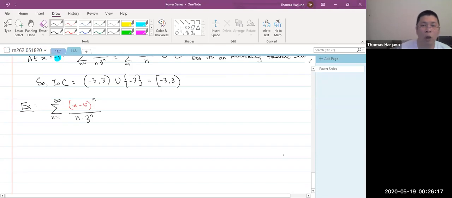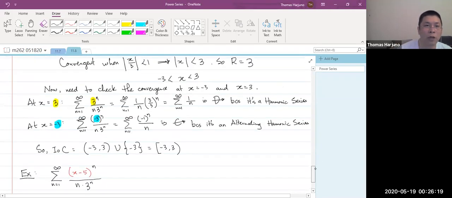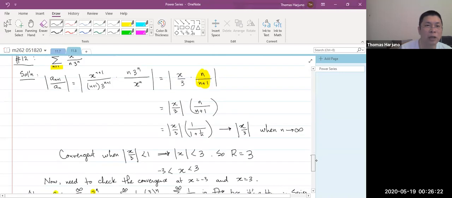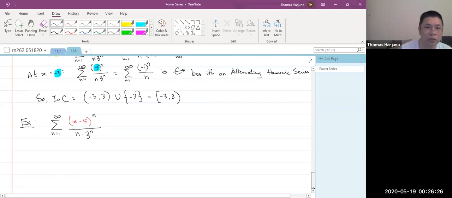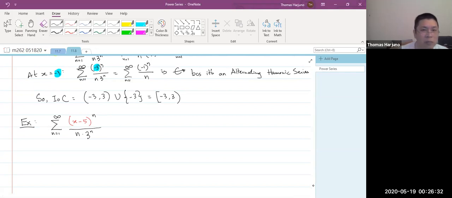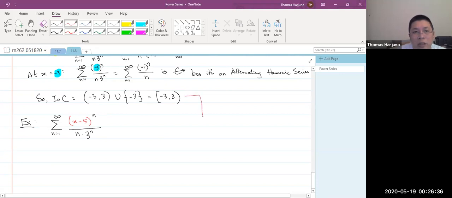Okay, now I will go over the procedure all over again. Basically, you will see I do the same thing I did in number 12. I hope you then see how these things behave when I replace x by x minus 5. You will see this interval actually moves by 5 units to the right.